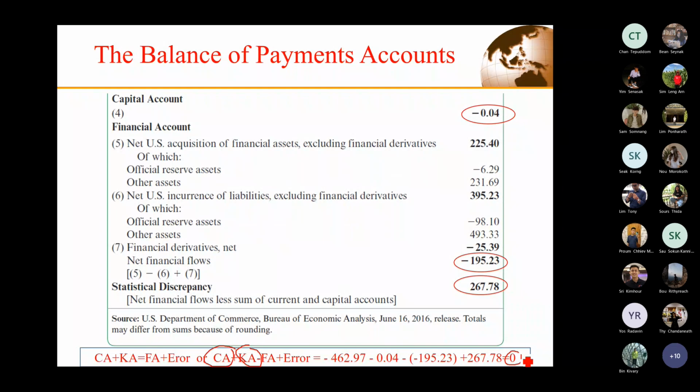If you add up all the credits and the debits, they will be equal, because every transaction is recorded twice. One goes to the debit, the other goes to the credit. So credit must equal debit, and if you subtract, it must be 0. Okay, that is the thing we learned last week.